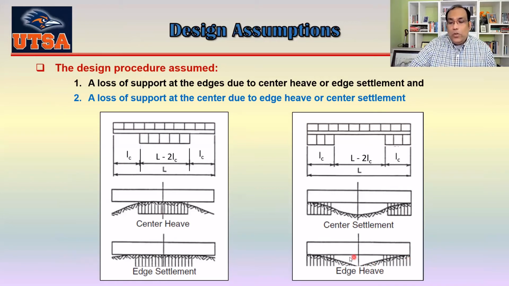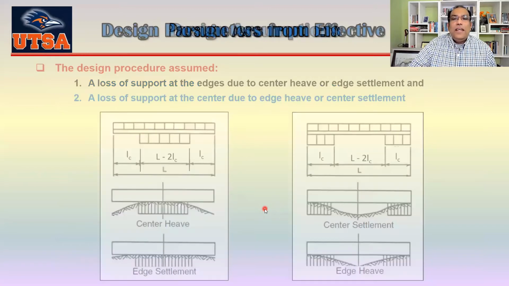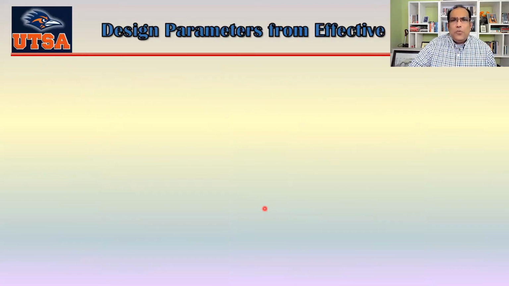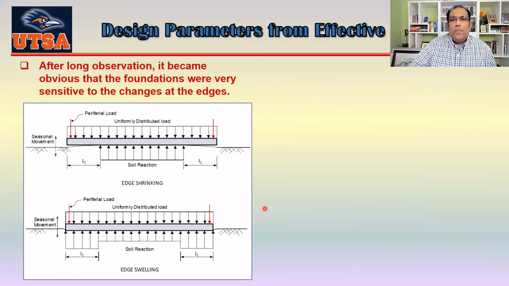So it can happen that there is no support here. But over the years, after a lot of experiments and observation, we realized that in most cases the edge of the slab is more susceptible to change of shrinkage and swelling.